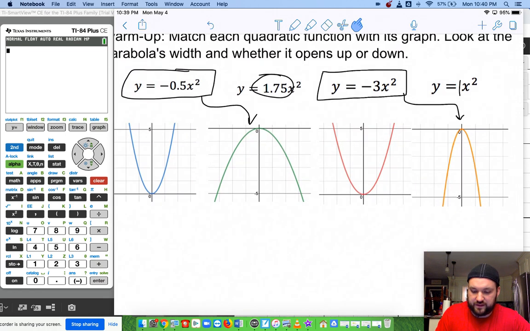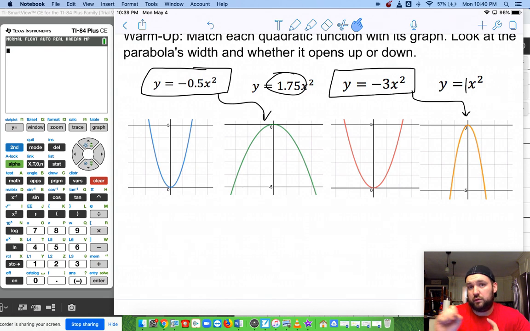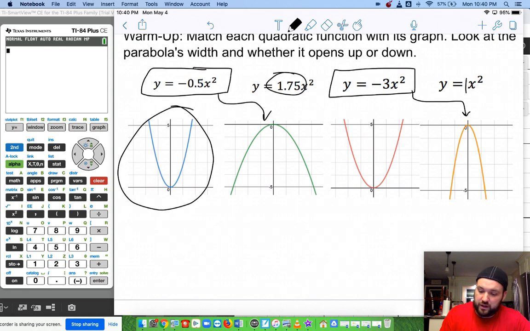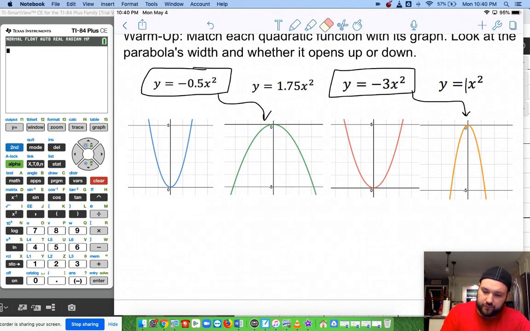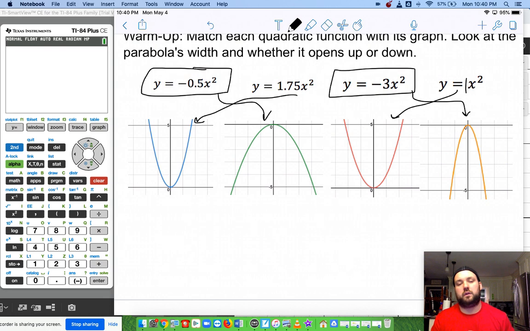Same rule applies here. So if I compare the blue graph to the red graph, the blue one is a little bit narrower than the red one. That tells me that 1.75x squared goes with the blue graph, and 1x squared goes with the red graph.